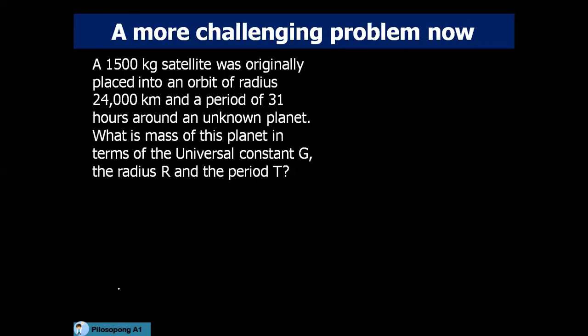We're only going to get the value of the mass. So we're looking for the mass of the unknown planet with the given data that we have. So do not be confused with the question. Those are the variables that we will use in this calculation.